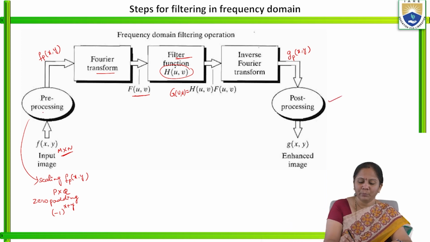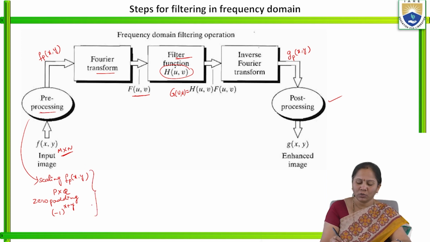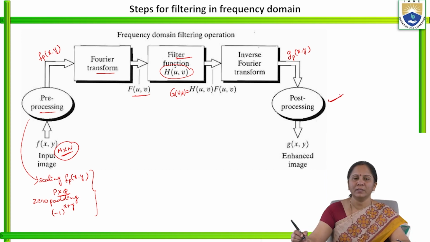Why? Because pre-processing is done, that is, the scaling of the input image. The size of the image has changed and zeros are padded. Now we have to remove all that and bring the image to the original size m by n. In order to do that, we compulsorily have to apply post-processing before the output.